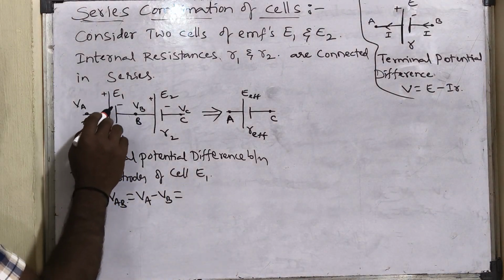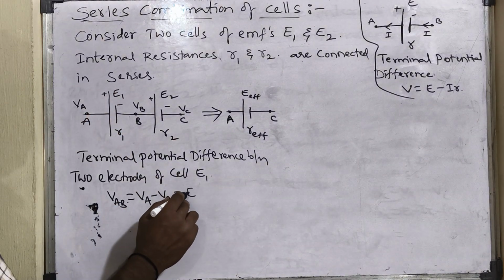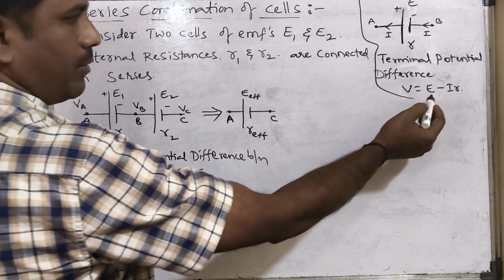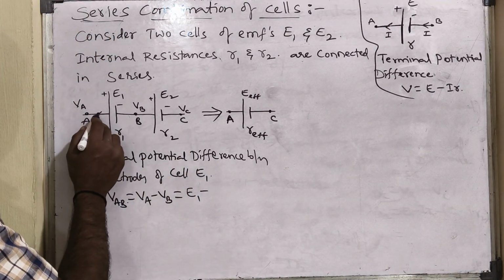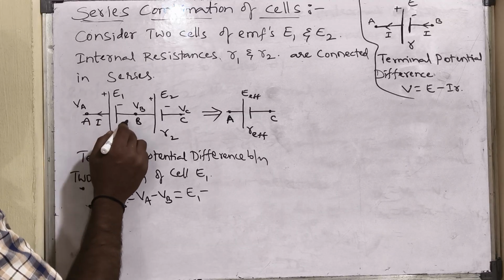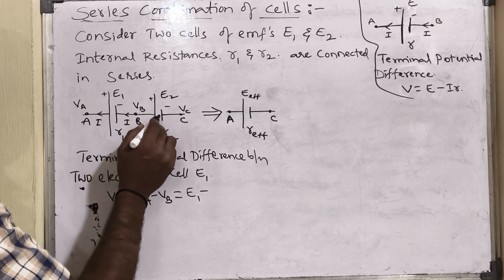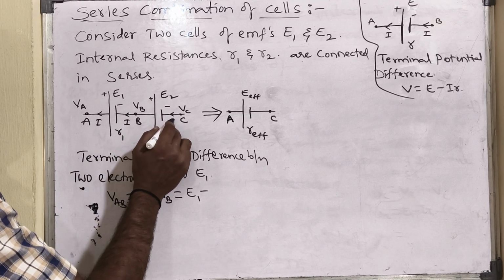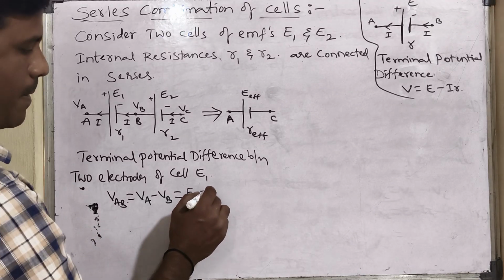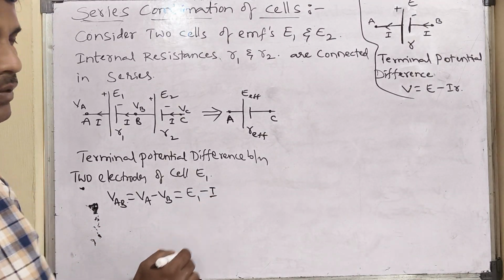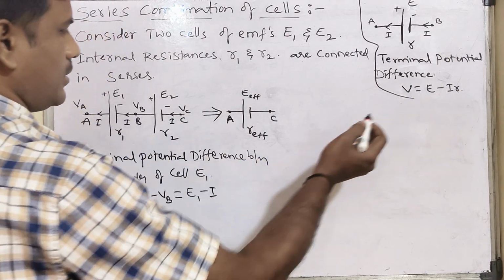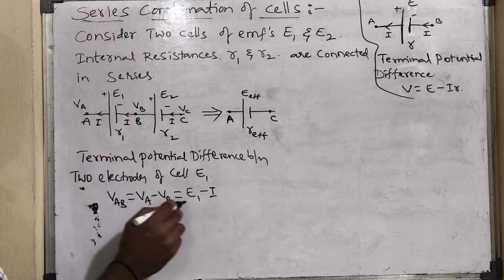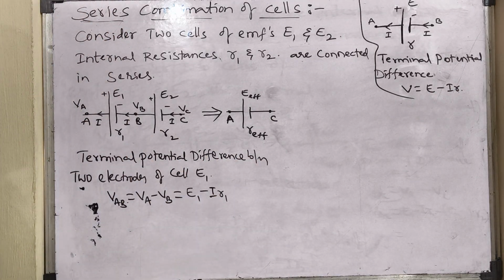Current I only passes, because in a series combination the current is constant. The internal resistance is that of the first cell, R1. So VAB is E1 minus I R1.